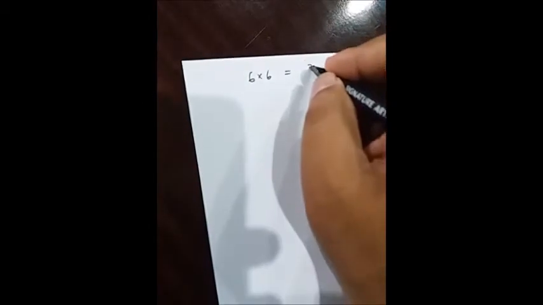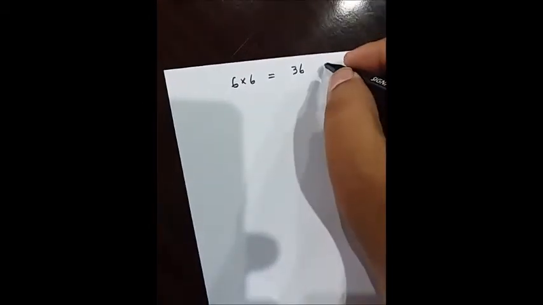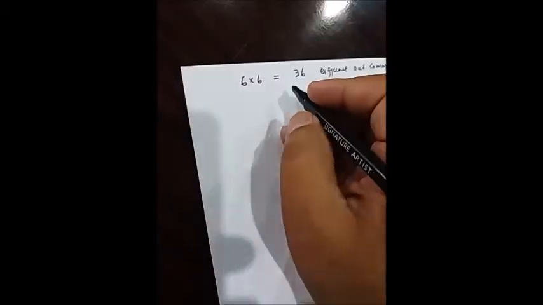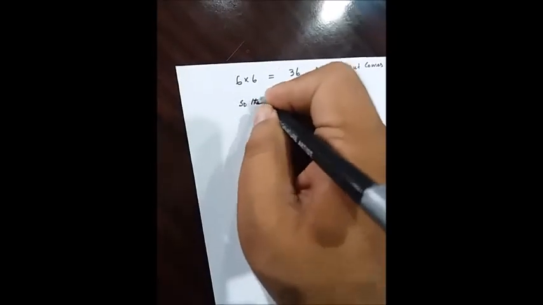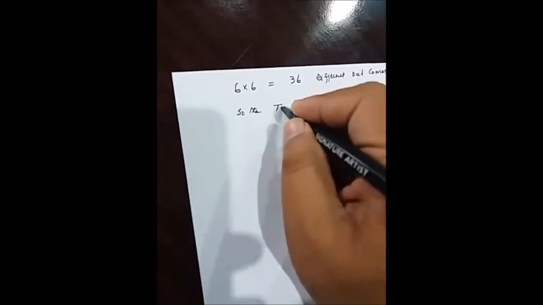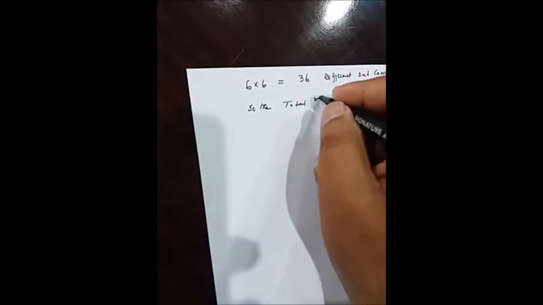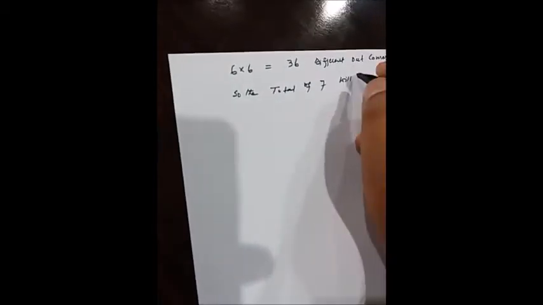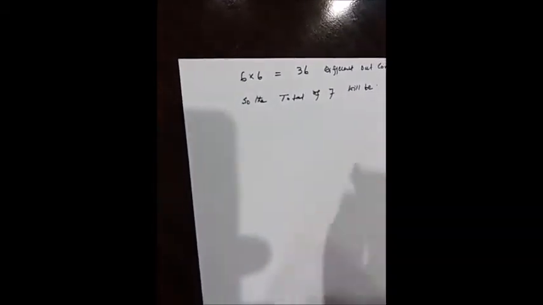As we know, the sample space for rolling two dice is 6 multiplied by 6, which is 36 different outcomes. So the total of 7 will be obtained how?